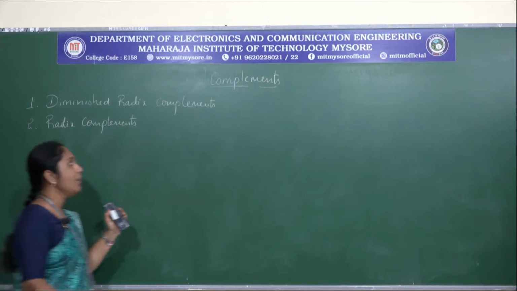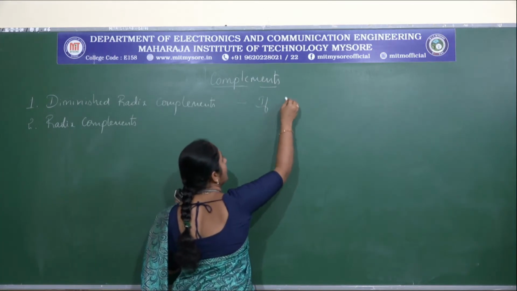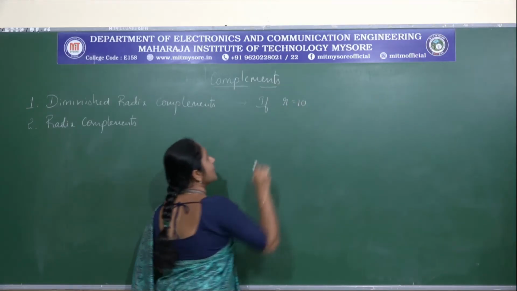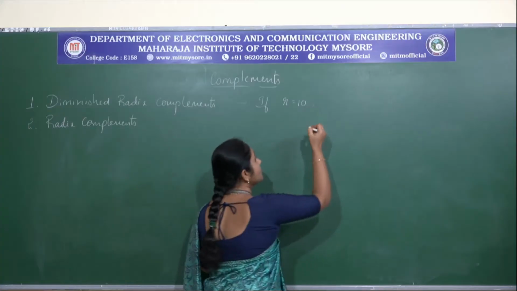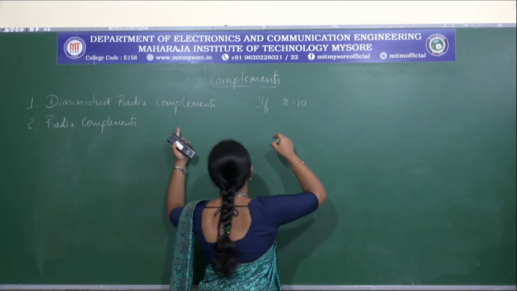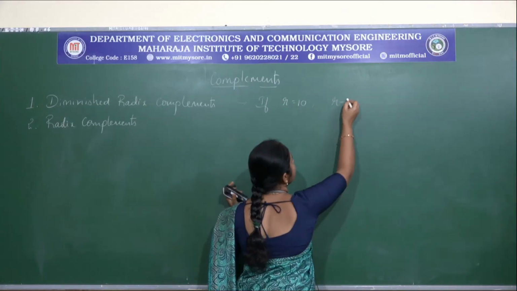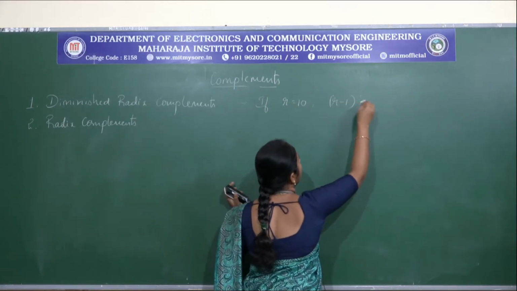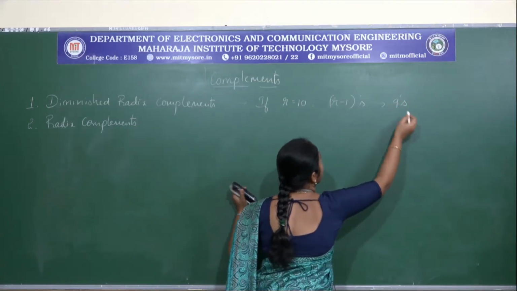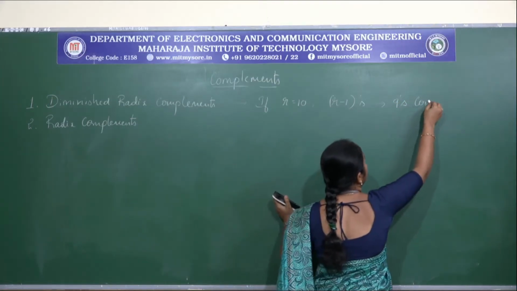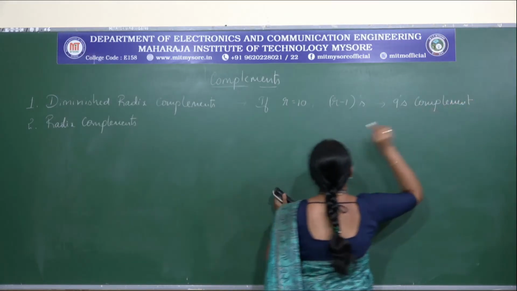As an example, if the base is 10, the decimal number system, then the diminished Radix complement is r minus 1's complement. R minus 1 is 10 minus 1, which is 9's complement.